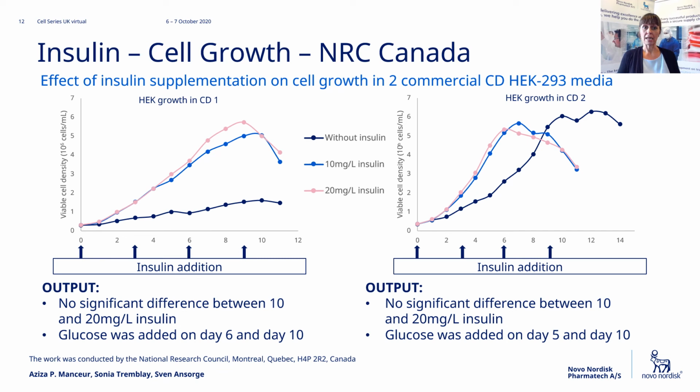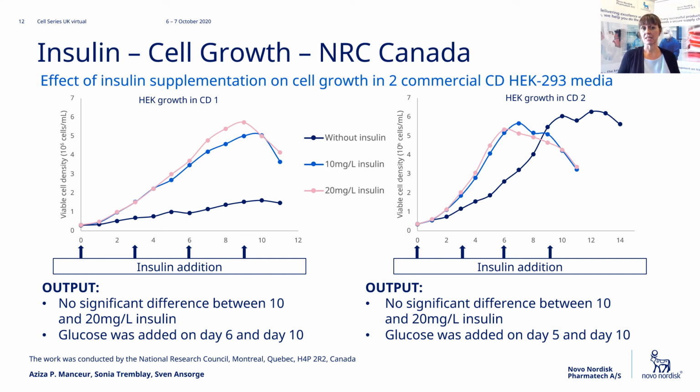The dark blue line here represents the negative control with no insulin. And in CD1, the cell density remains below 1.5 million cells per milliliter. With addition of insulin, on the other hand, viable cell density reached about 6 million cells per milliliter. And there was no significant difference between the two concentrations of insulin.